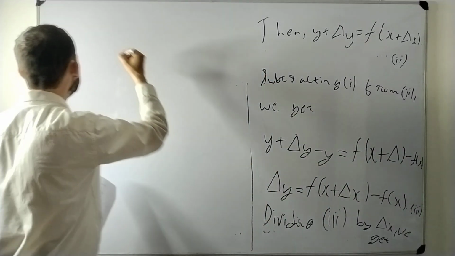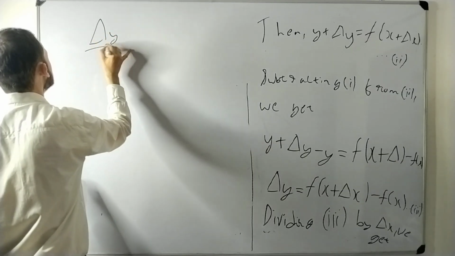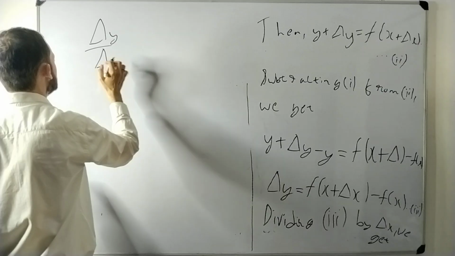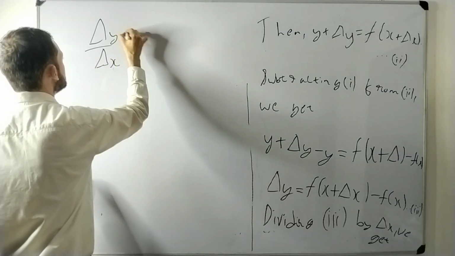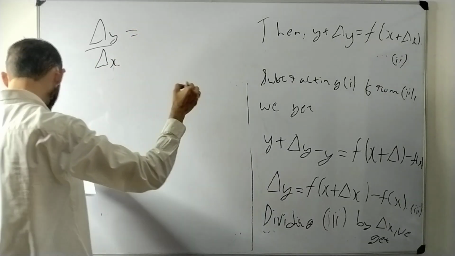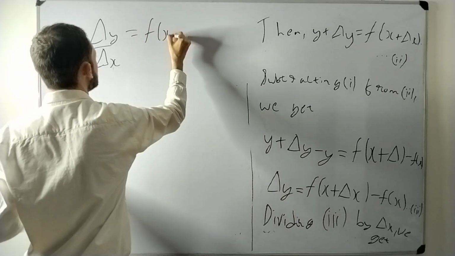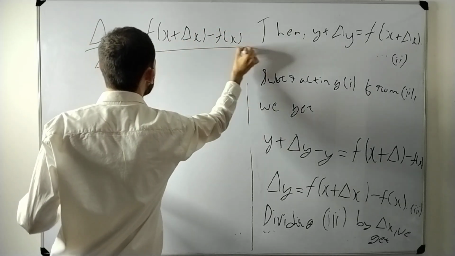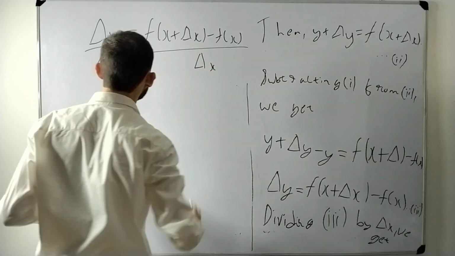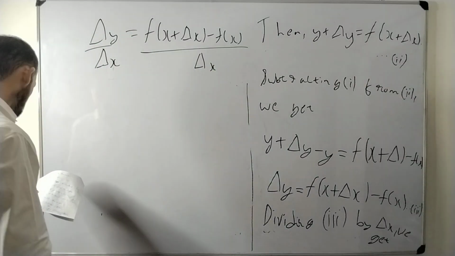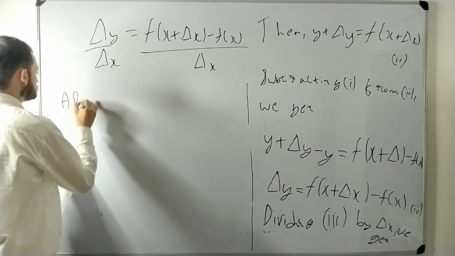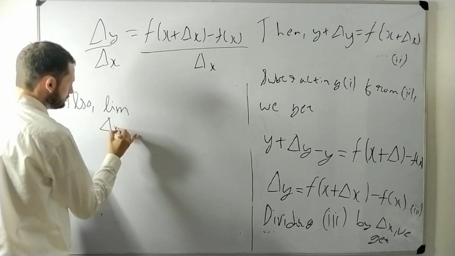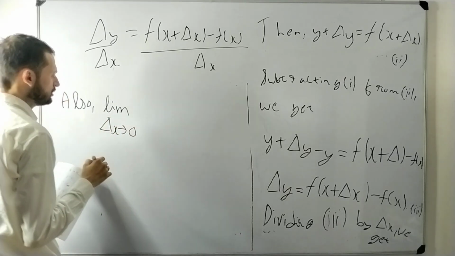So what happens now? Del y by del x gives function of x plus del x minus function of x, over del x. Right. So this gives us this value. Also, limit del x approaches 0, very small.